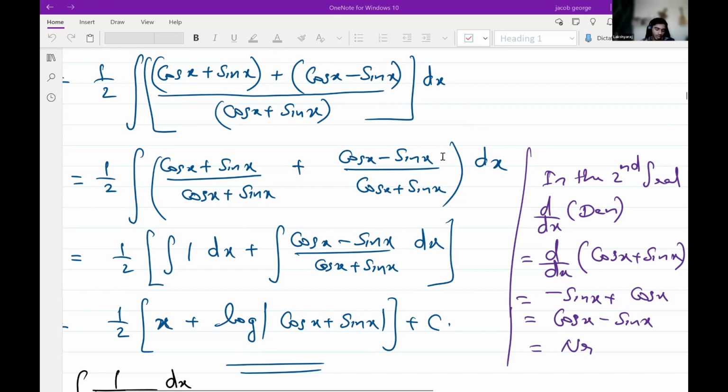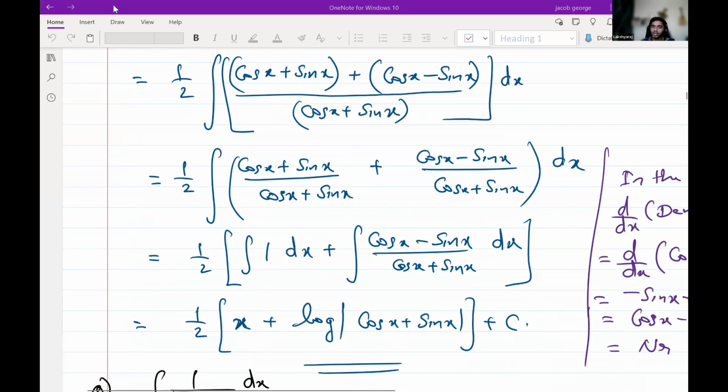Again, when do we take t for the substitution? In the same thing we can do it for the second integral. Put the denominator equal to t: cos x plus sin x equal to t. Then differentiate: we get cos x minus sin x dx is dt.